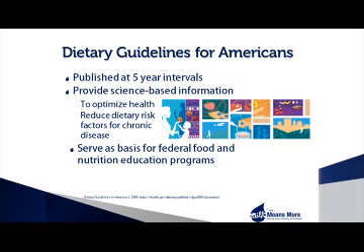The Dietary Guidelines for Americans provide science-based advice to the public for health optimization and to prevent diet-related risk factors for chronic disease. Federal food and nutrition education programs are informed by the guidelines.